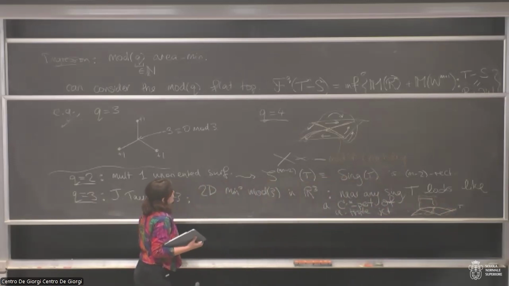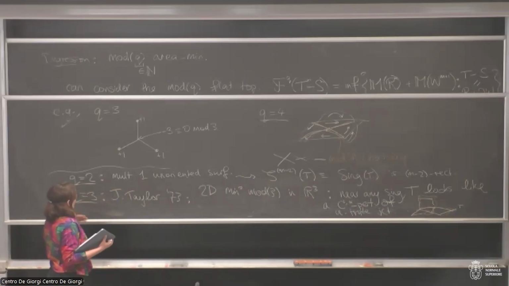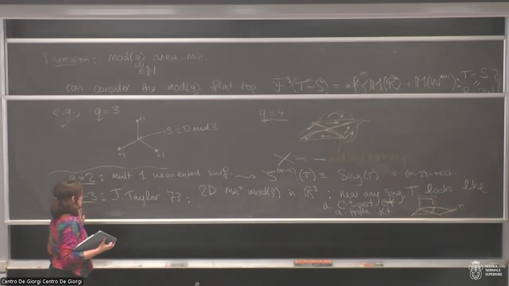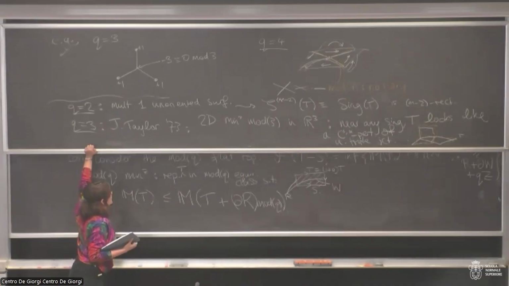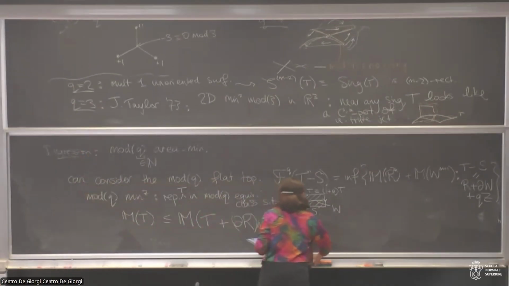So yeah, the goal in general is to generalize this result of Jean Taylor as much as one possibly can, for which we have a reasonable partial version, even in higher codimension.